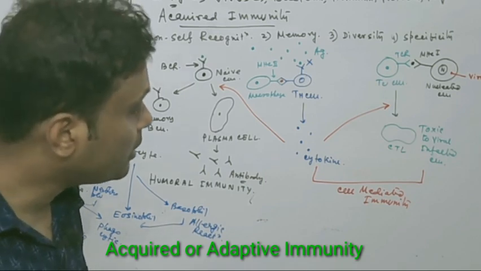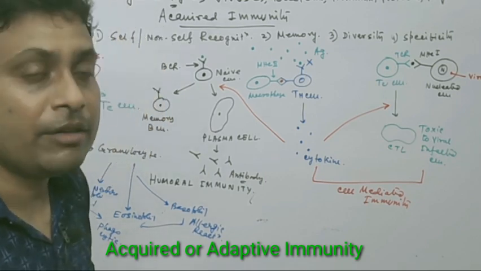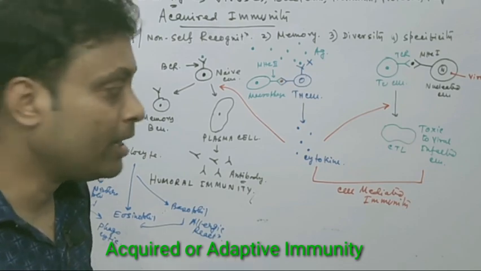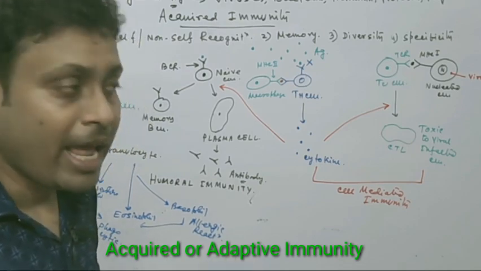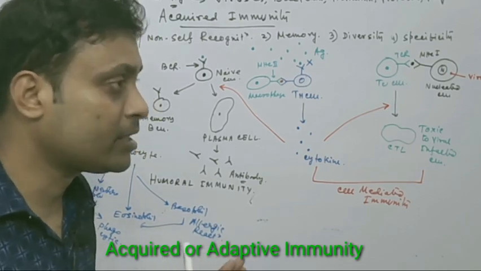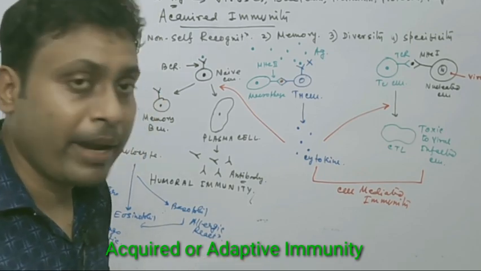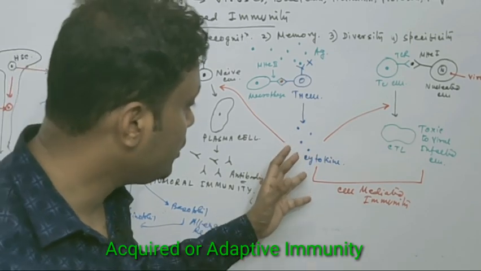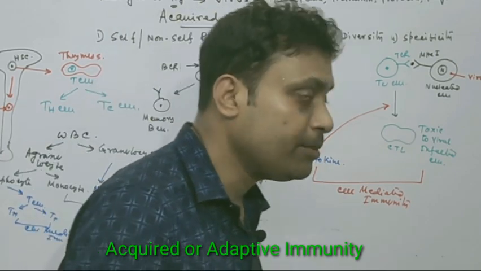The cytotoxic T lymphocyte is toxic to the virus-infected cell, so it eliminates the virus-infected cells from our body, and in this way protects our body from the bad effects of the virus. This total procedure is called cell-mediated immunity.